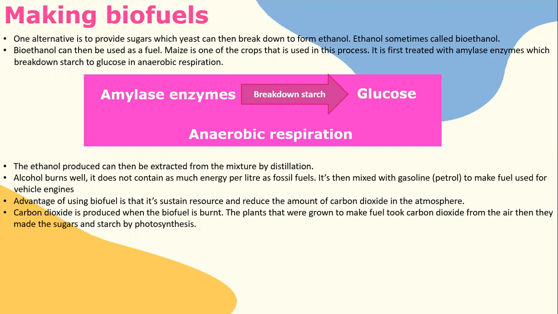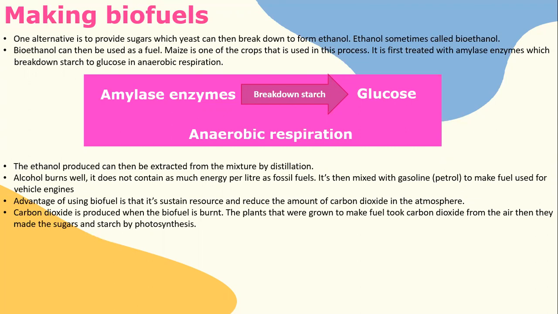Below is a chemical equation where you can see amylase enzyme breaking down starch to glucose. The glucose then undergoes anaerobic respiration. The ethanol produced can then be extracted from the mixture by distillation.